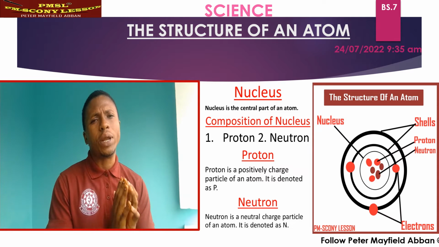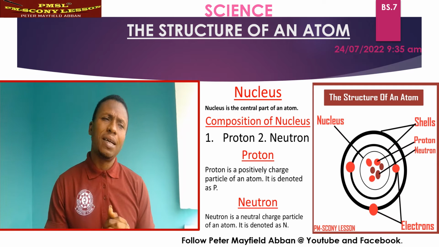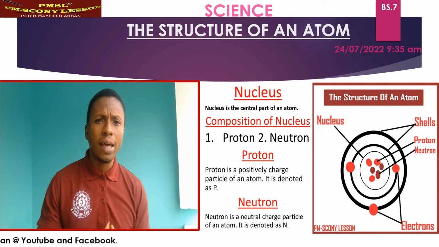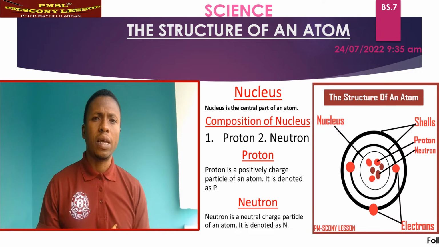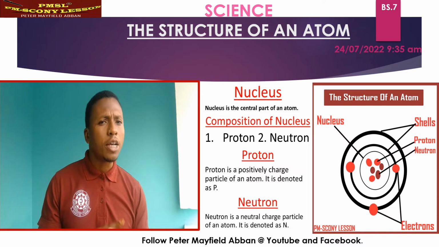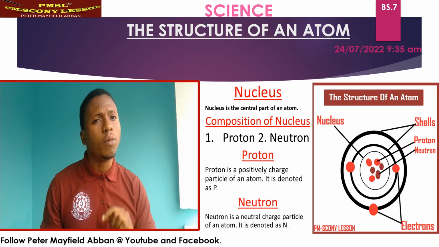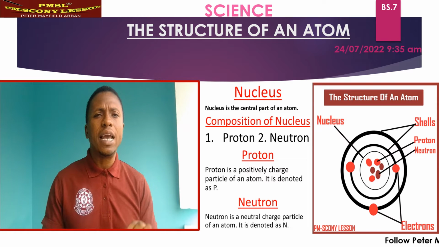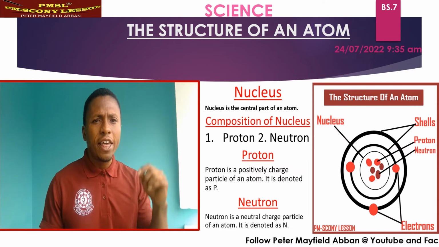It is denoted as E. Remember, the electrical charge of an electron is negative. It is the only one of the subatomic particles that is not static, but rather mobile. This means it orbits around the nucleus in the shells.